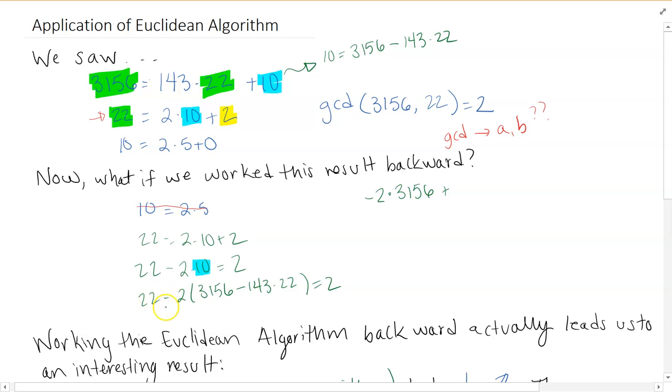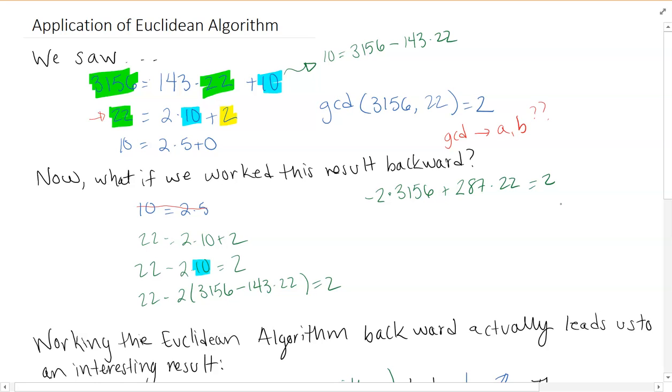If I add the other 22 that's hanging outside, that would be 287 times 22 is equal to 2. So this is telling me if I take my calculator and do negative 2 times 3156 plus 287 times 22, I should get 2, and it does check.